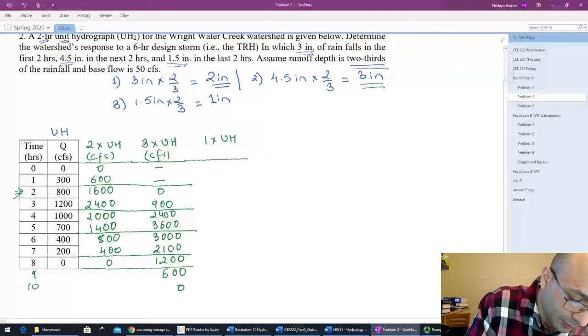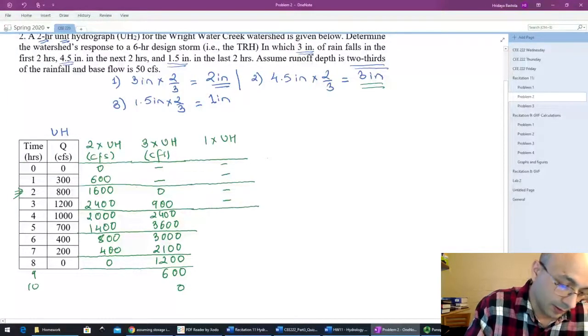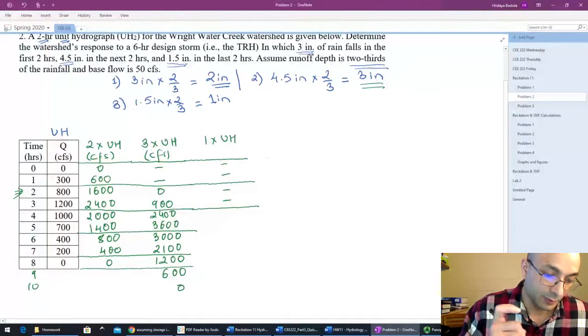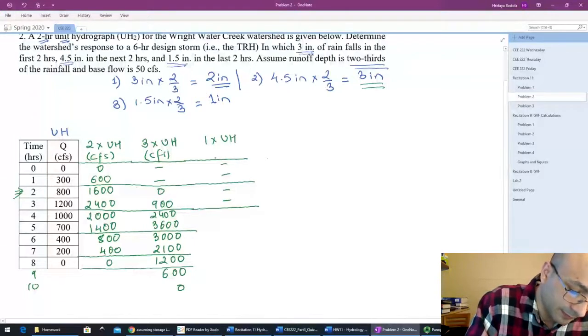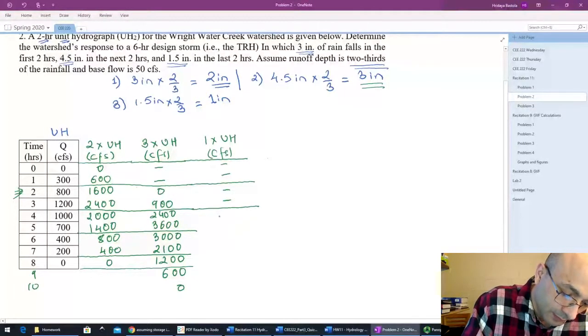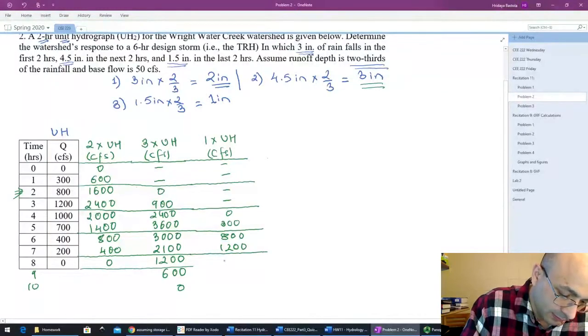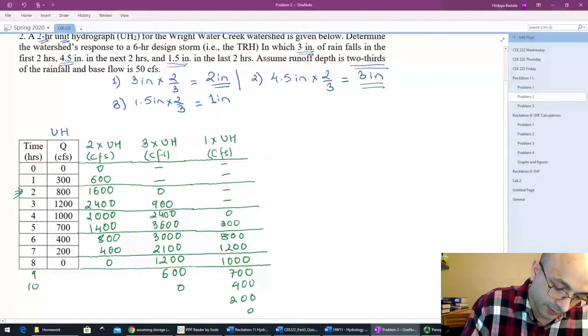So we see no contribution the first 2 hours or the second 2 hours, and then we'll start seeing the effects from the 1 inch excess rainfall. 0, 300, 800, 1200, 1000, 700, 400, 200, and finally 0.